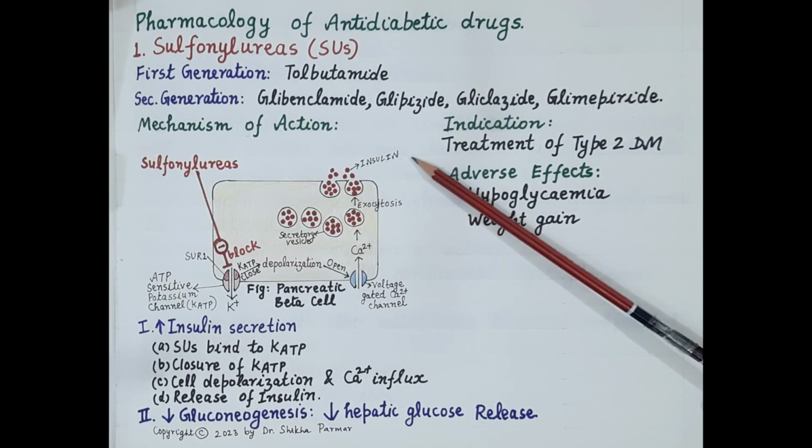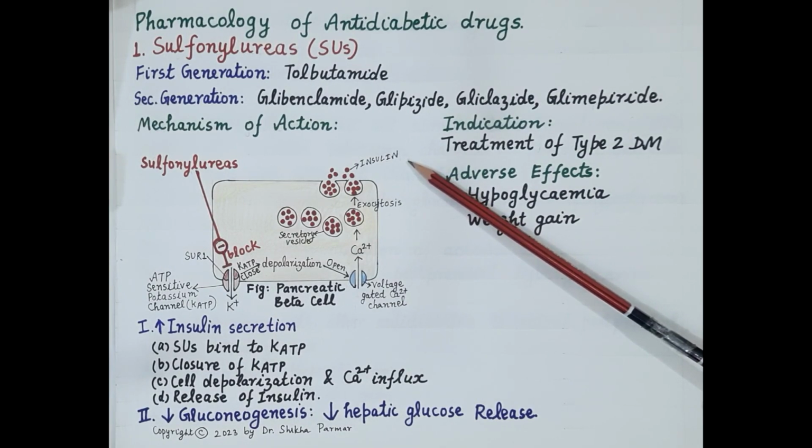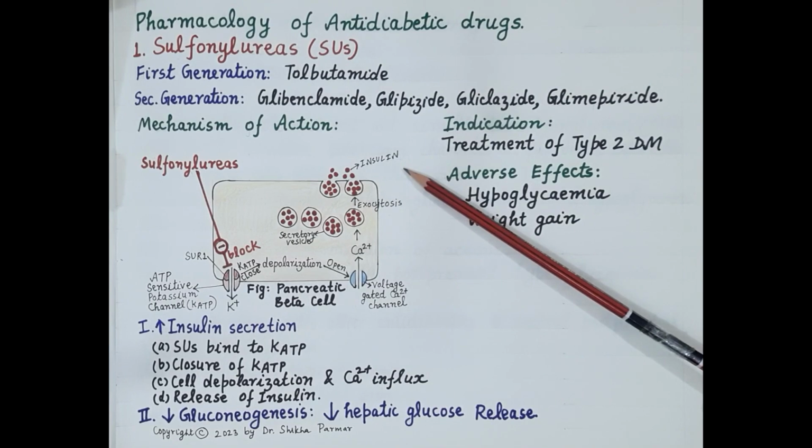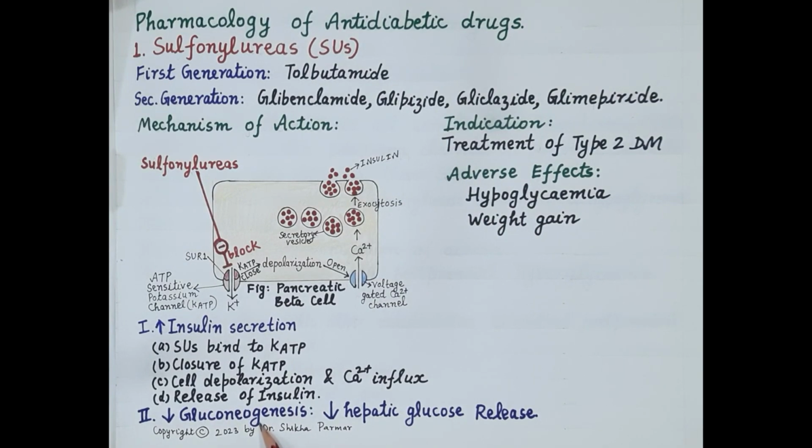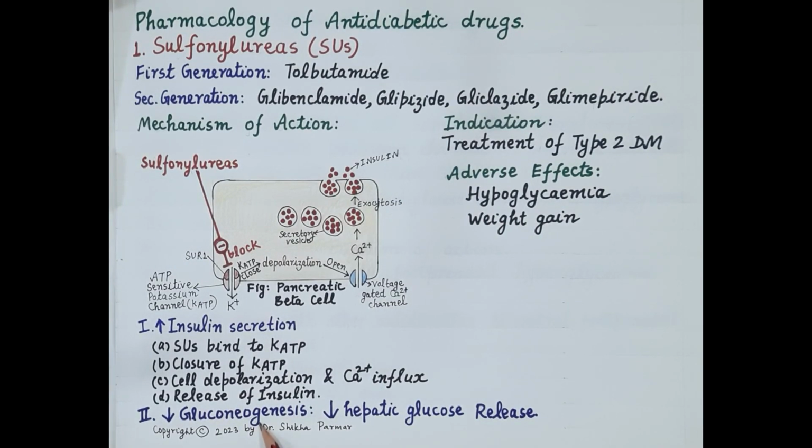Now, increased secretion of insulin increases transportation of glucose from the blood to the body cells, thereby reducing concentration of glucose in the blood. Now, in addition to this, these drugs also inhibit the process of gluconeogenesis in the liver.